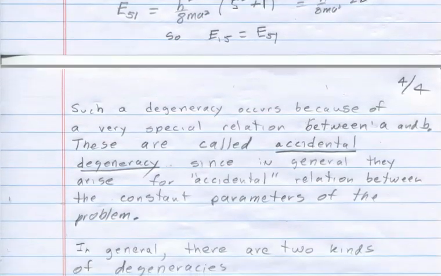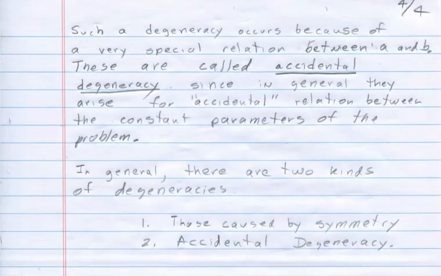Such a degeneracy occurs because of a special relationship between the A and the B, the width and the length of the two-dimensional box. Ordinarily, we would be considering a problem in which we maybe measured that or fit that to the best curve, so that A and B are whatever they turned out to be from the physical situation.